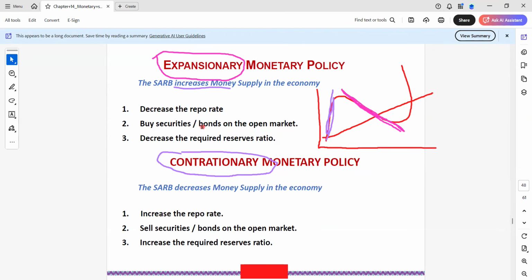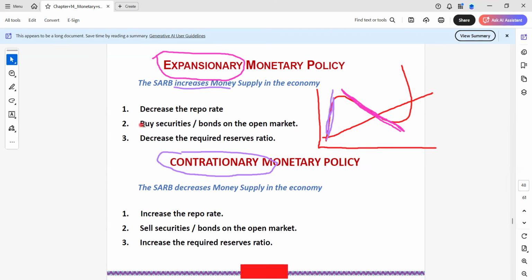So you buy a certificate and you pay money to the South African Reserve Bank. That will reduce the money that you have, because what you're getting is just a certificate that you have this amount of shares in this type of company. You only have a certificate, but you gave them money. So that will reduce the money that you have.